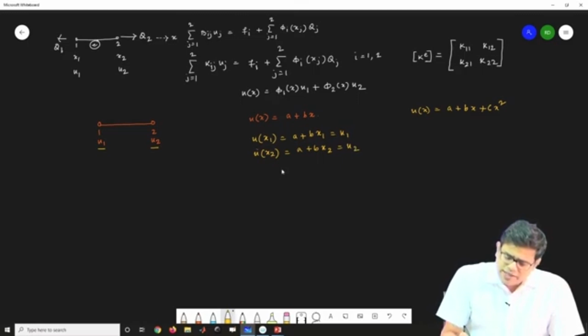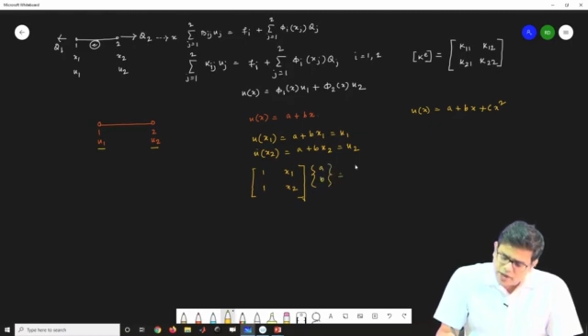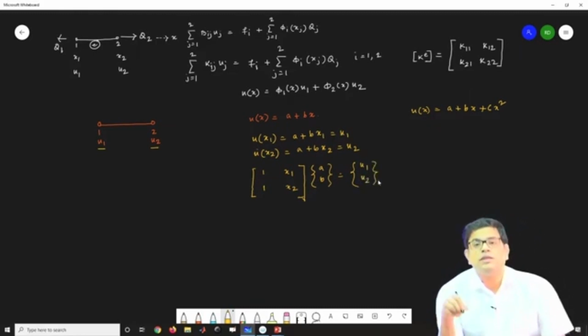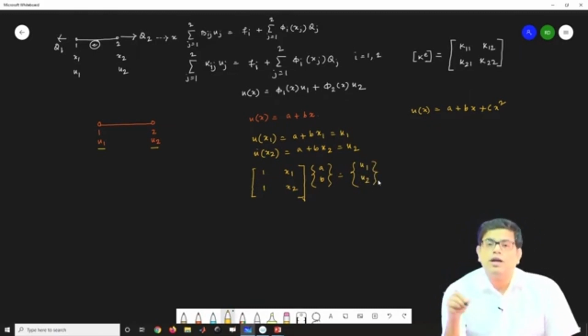Now if I write these equations in matrix format, it looks like this: the matrix [1 x1; 1 x2] times [a b] equals [u1 u2]. The objective is to find these constants in terms of u1 and u2.